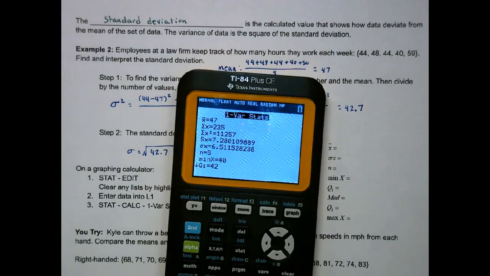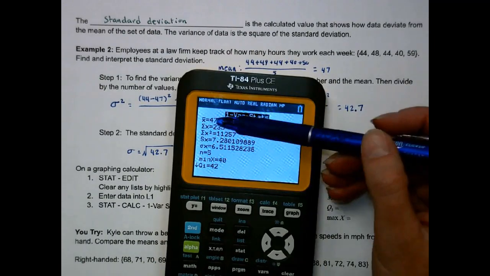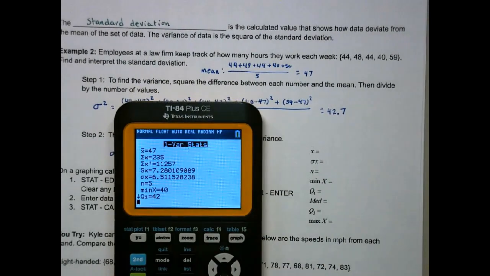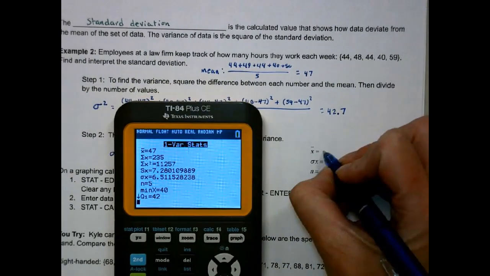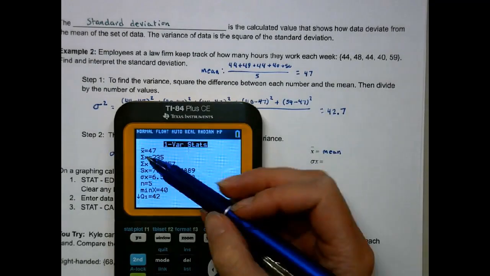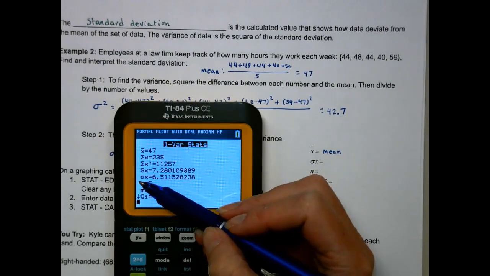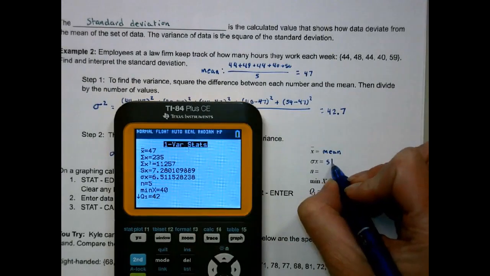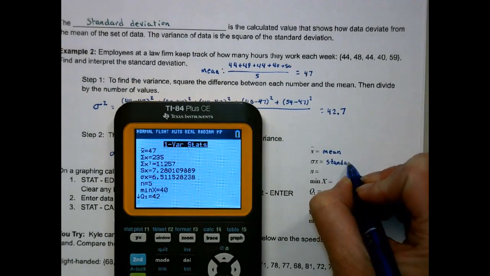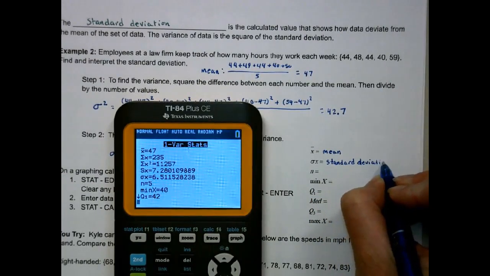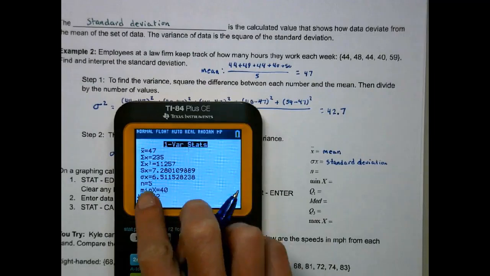And we get our average, which we found. So this x bar, and I wrote these things down so we can label them, is the average or the mean. We don't care about some of these. This thing right here is our standard deviation. N is the number of data points.